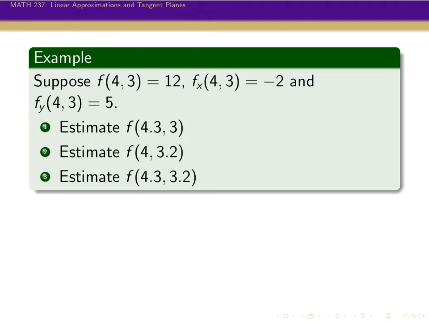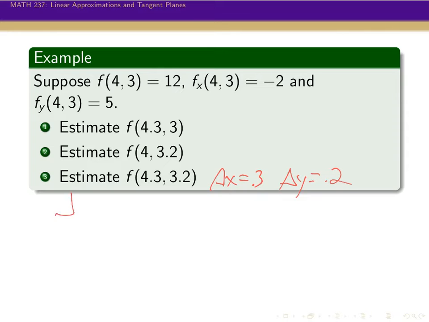Okay. Now, what if we change both x and y? Right, so we're combining the two together. Our change in x, from 4 to 4.3, is 0.3. Our change in y is 0.2.